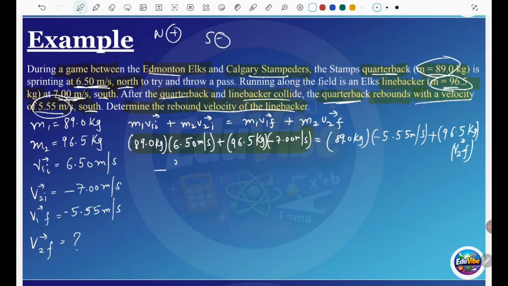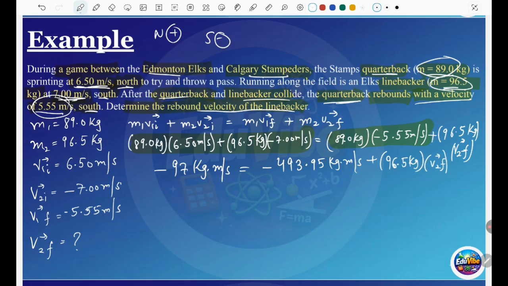When we calculate this, we get about negative 97 kg·m/s, which is equal to the multiplied term, about negative 493.95 kg·m/s, plus 96.5 kg times V2F.